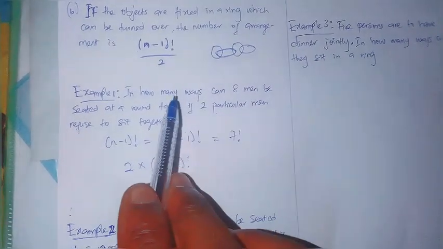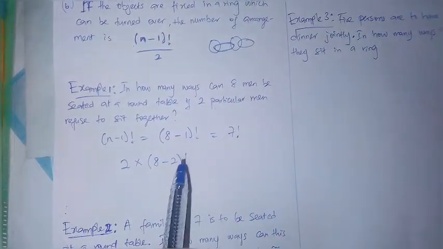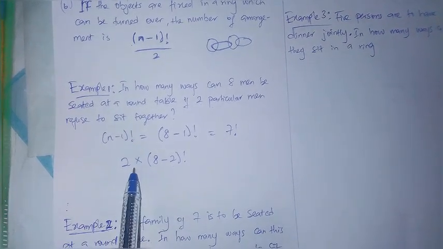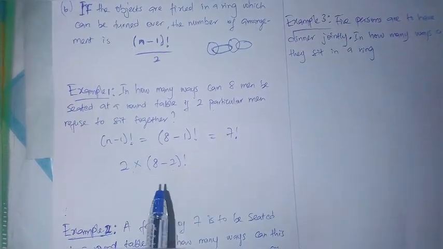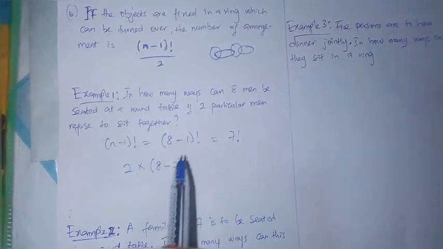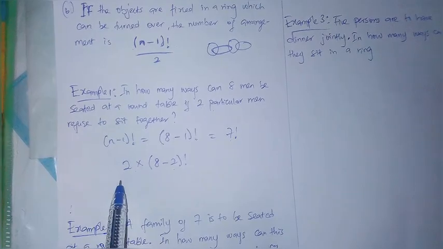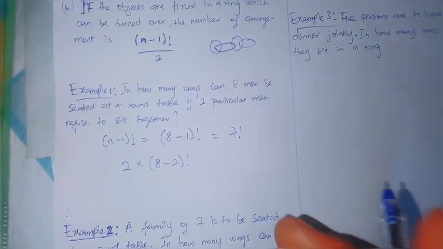Since they're sitting around the table and we're looking at permutation relatively, we're going to have 8 minus 2 of them, times the 2 of them if they decide to sit together. But since they refuse to sit together, we take the round table total minus this.